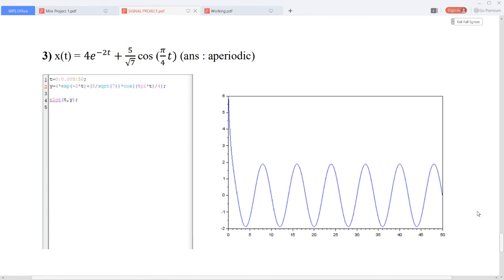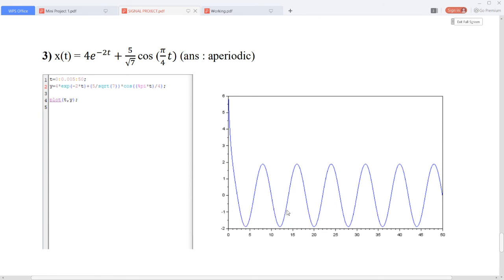Although you look at this graph and it looks like a periodic signal, you can see the repetition, and you may wonder if it has a period, but when you look at t equals 0, the graph looks nothing like the repetition.